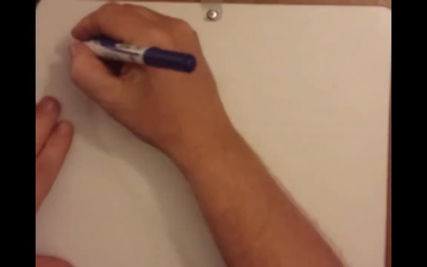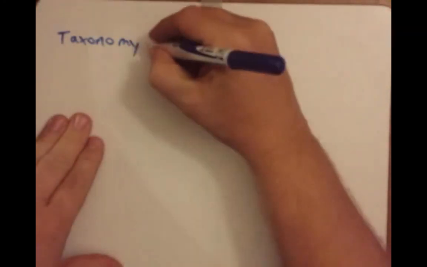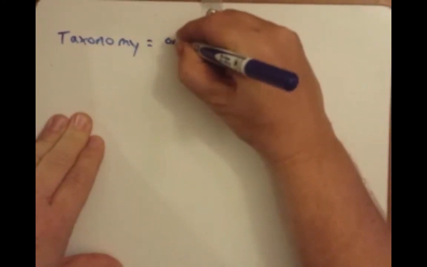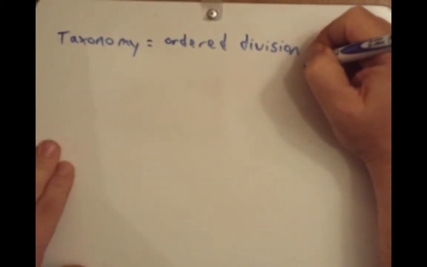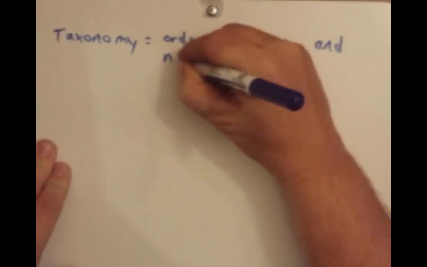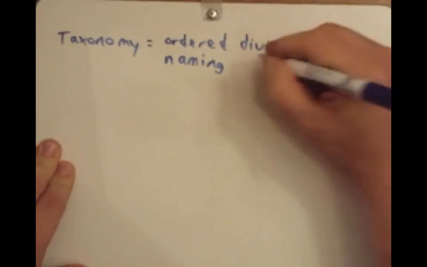So the first definition is taxonomy. Taxonomy is the ordered division and naming of organisms.